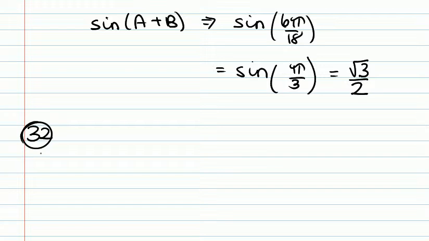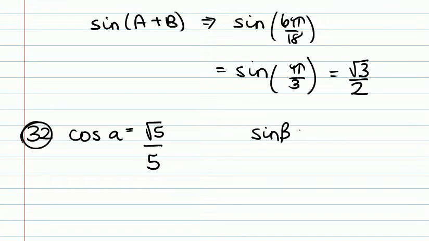So number 32, the cosine of A is root 5 over 5. The sine of B is -4/5. The cosine is in the first quadrant.